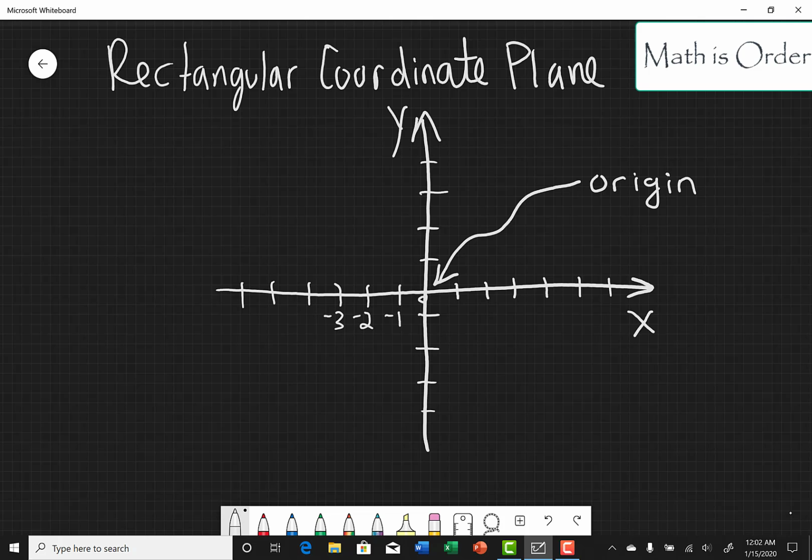And you can count by ones, or you can count by twos or threes, or whatever you want to count by. Just make sure you're consistent. So I'm counting by ones right now. And values to the right of the origin along the x-axis are positive.